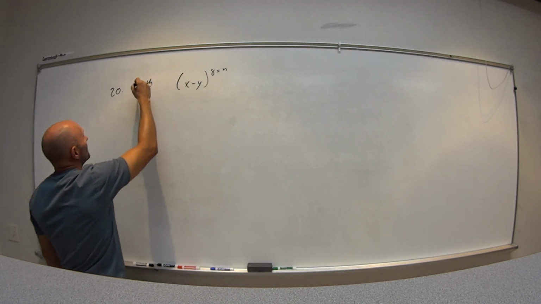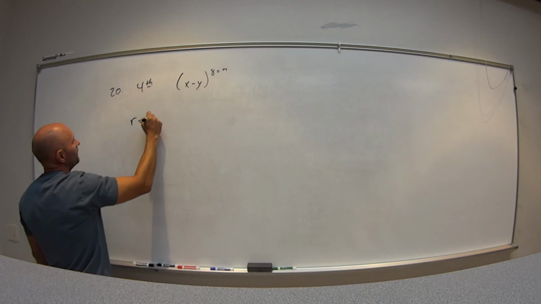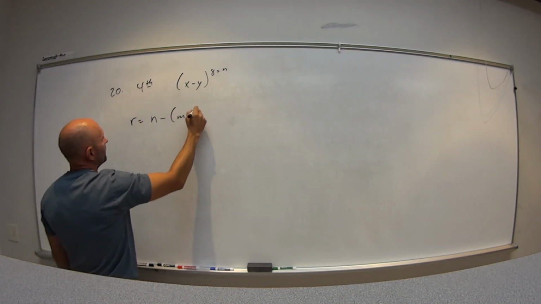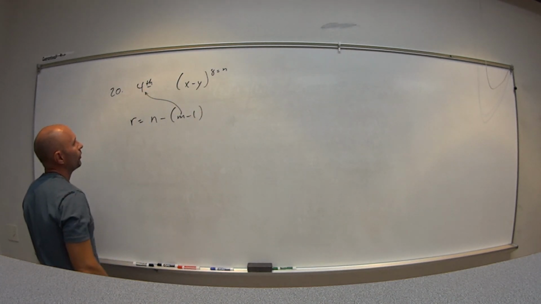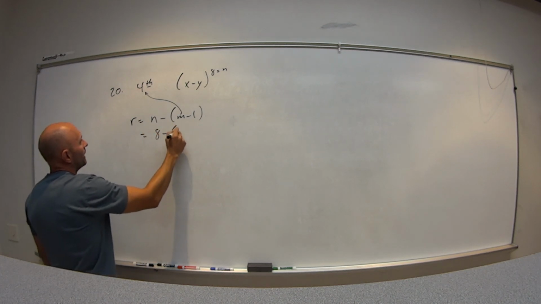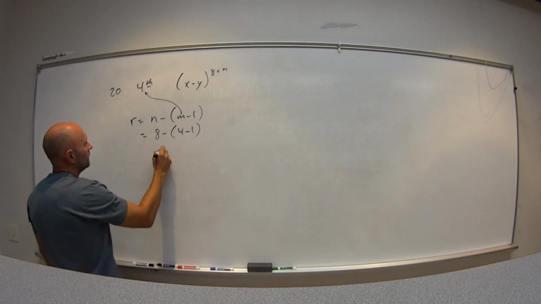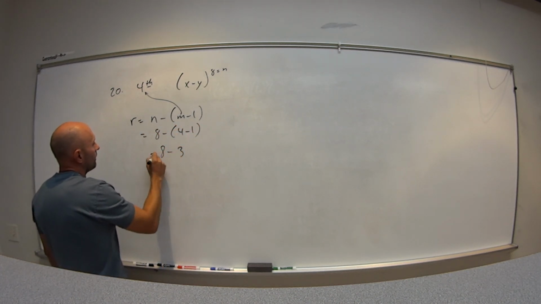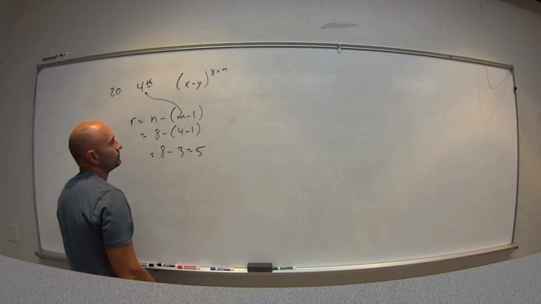N is 8, we need our r. R is n minus m minus 1, where our m is the 4. So this is 8 minus 4 minus 1, 8 minus 3, so our r is 5.